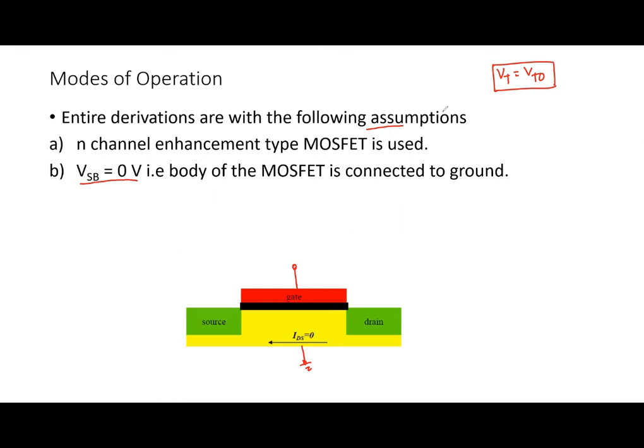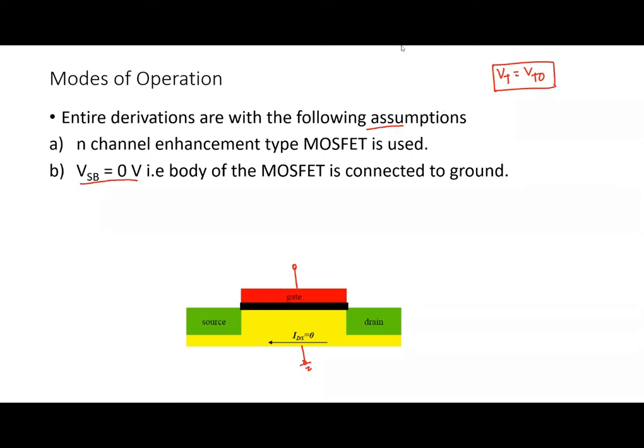We will look at this in the coming classes, but not right now, because if I start discussing it now, things become complicated and difficult to understand. So right now, just two basic assumptions: this is an n-channel enhancement type MOSFET, and the substrate body voltage is 0, with the body of the MOSFET connected to ground.